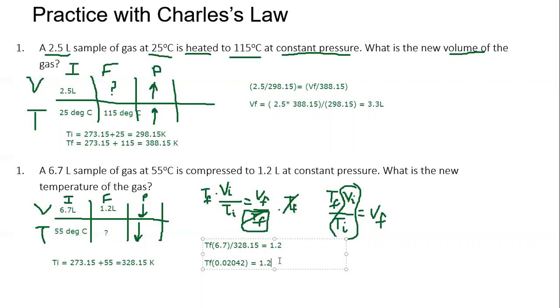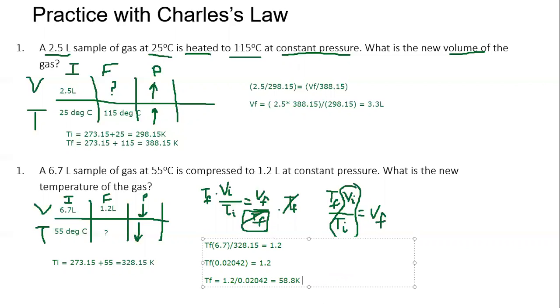So now T final is 1.2 divided by 0.02042. And we get 58.8 Kelvin. And now we need to convert this to degrees Celsius.